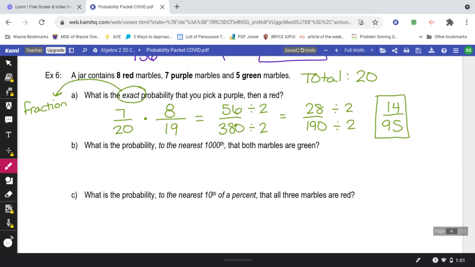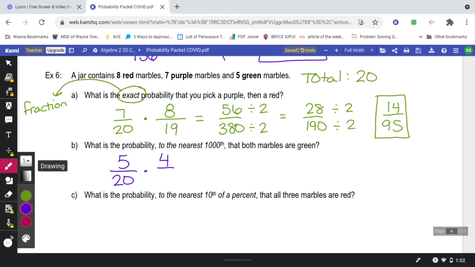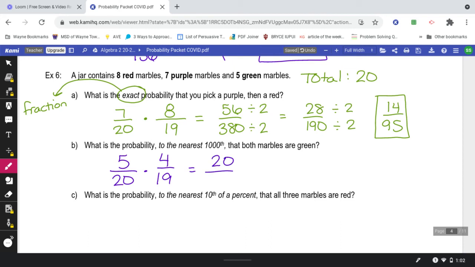All right, for the next one, what is the probability to the nearest 1,000th place? So that is tenths, hundredths, thousandths. That's 3 decimals. That both marbles are green. All right, so when I go back to the beginning, I have 5 green marbles out of 20. But then one of those green marbles is gone. So when I go to pick another green marble, there's only 4 of them left. And there's only 19 marbles because you have a green one in your hand. 5 out of 20 times 4 out of 19 would get you 20 out of 380.